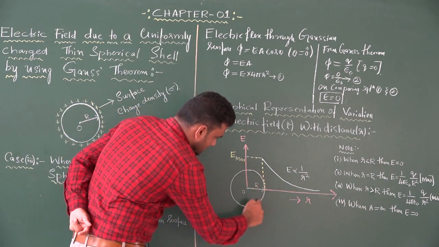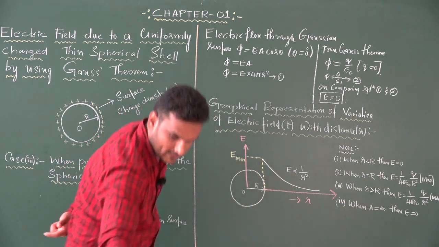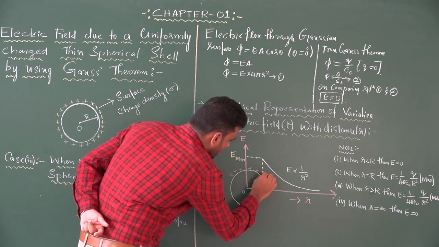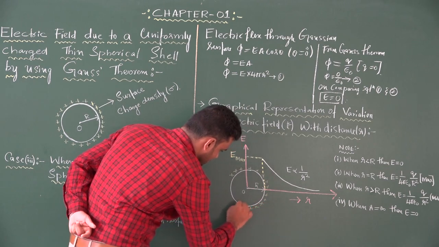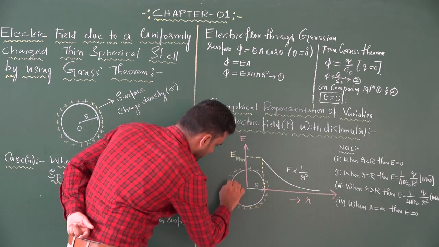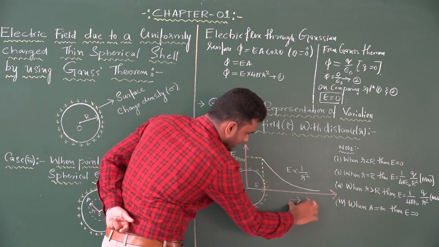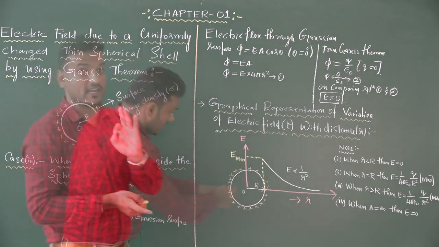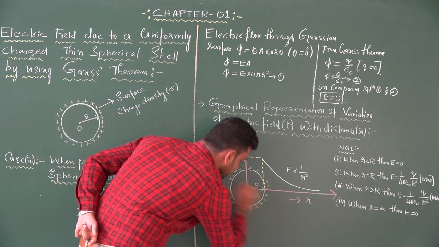I consider a spherical conductor having uniform surface charge density, that is, uniform distribution of charge. Here the x-axis represents distance, y-axis represents electric field. Electric field inside the conductor is 0, E is equal to 0.